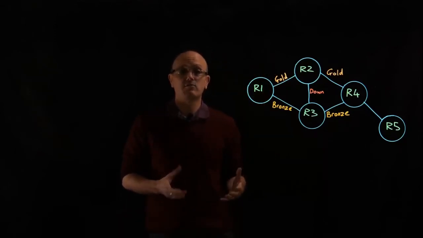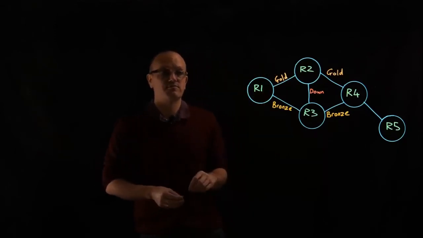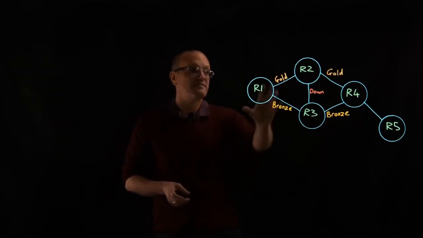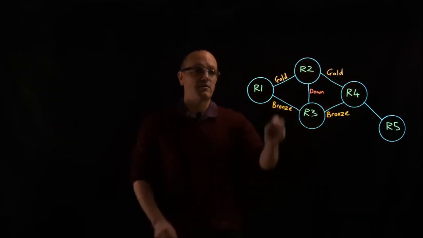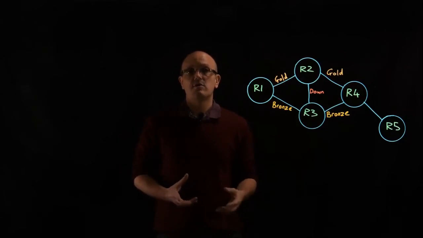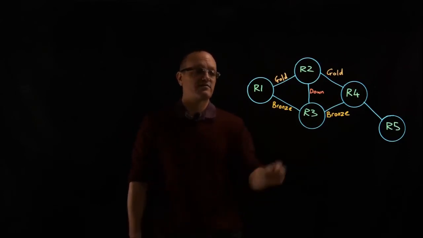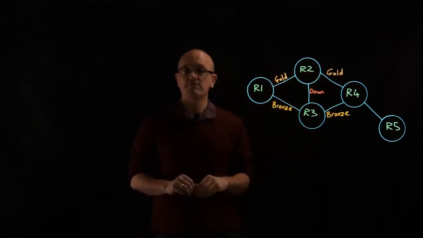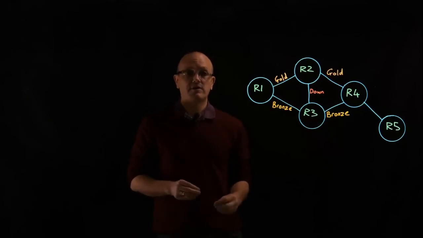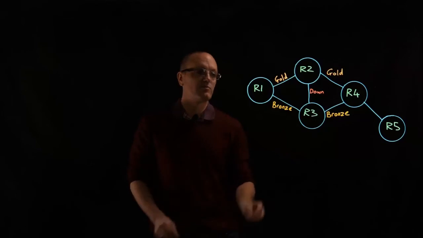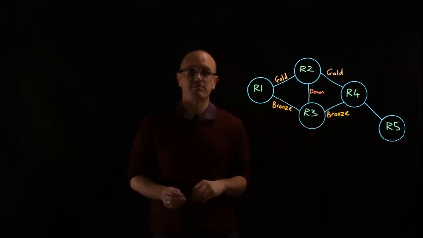Well, as you've guessed, we can do this with admin groups. So in this example here, we've coloured our high cost but also low latency links with the gold admin group, and we've coloured our commodity high capacity but also high latency links with the bronze admin group.